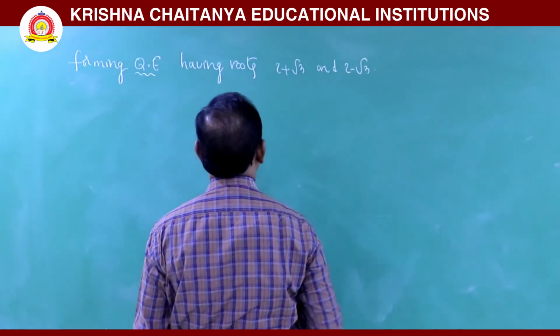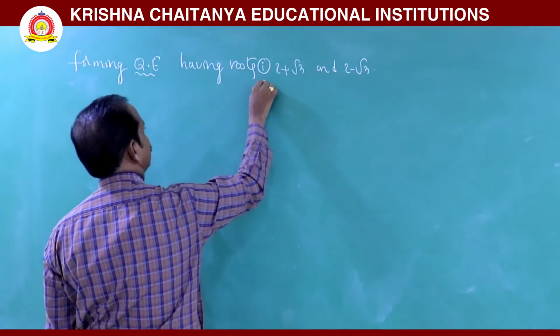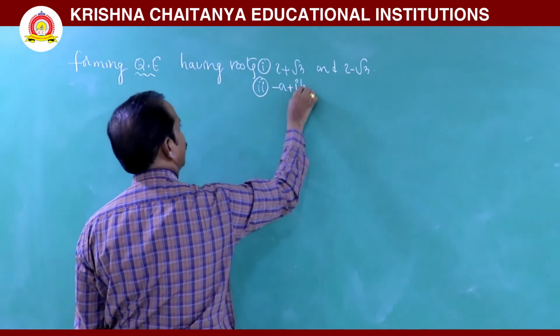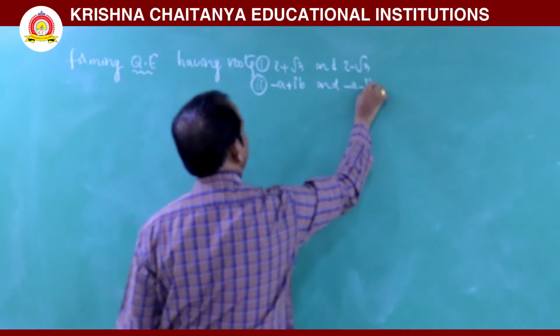This is one question. And there is another question: minus a plus ib and minus a minus ib.